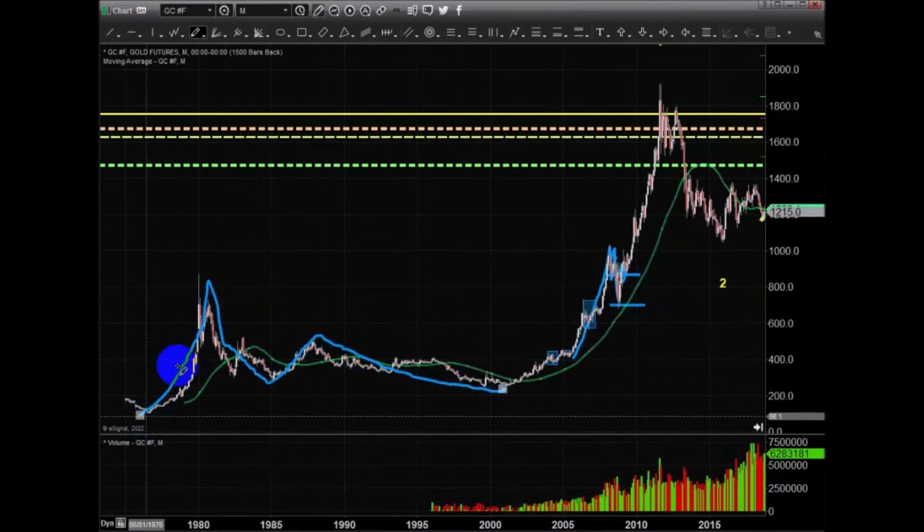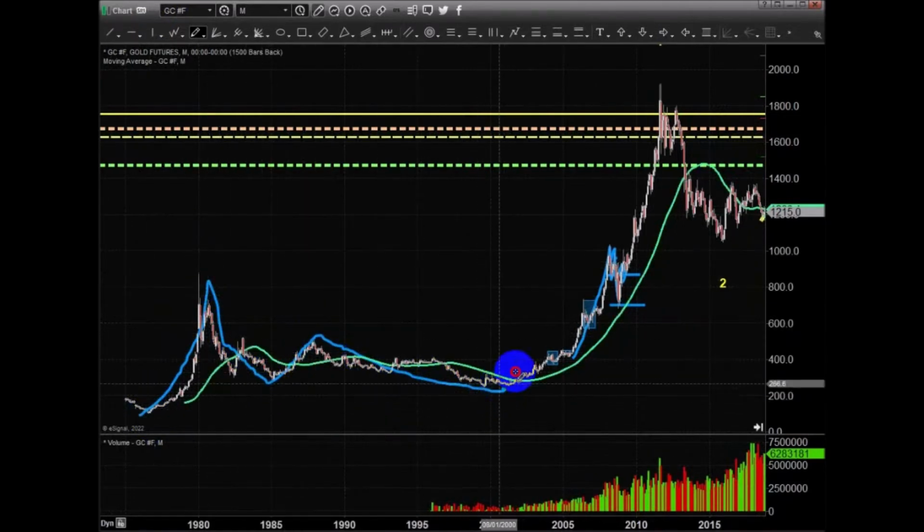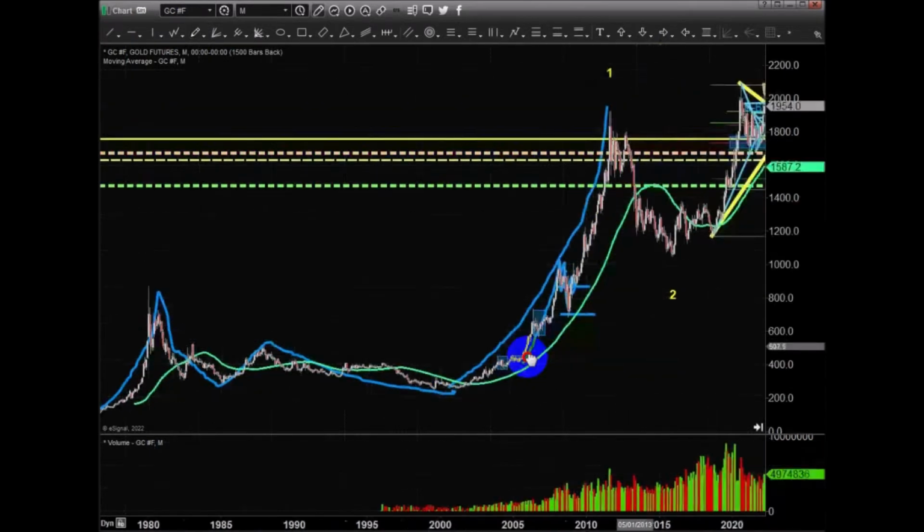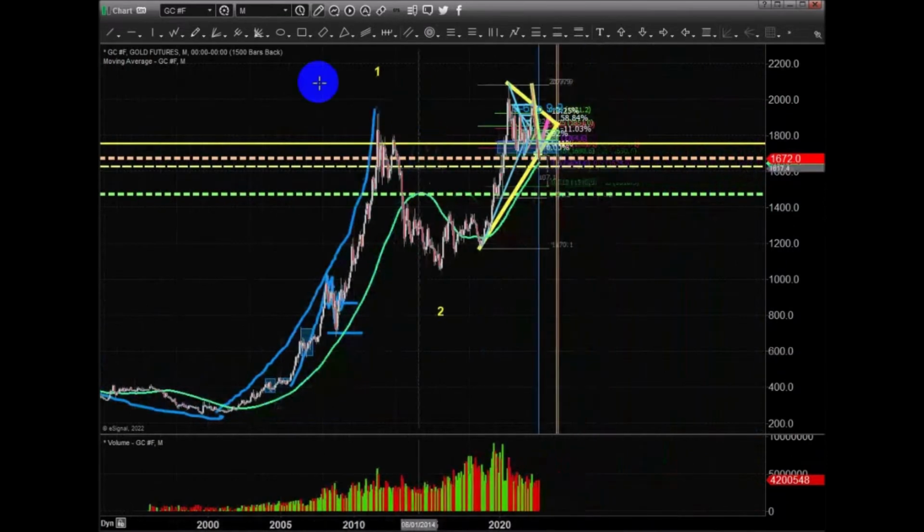So that becomes 1, A, and then A, B, C to 2, and then all the way up here to 3, back down here for 4, and now we're in the midst of a broad wave 5.